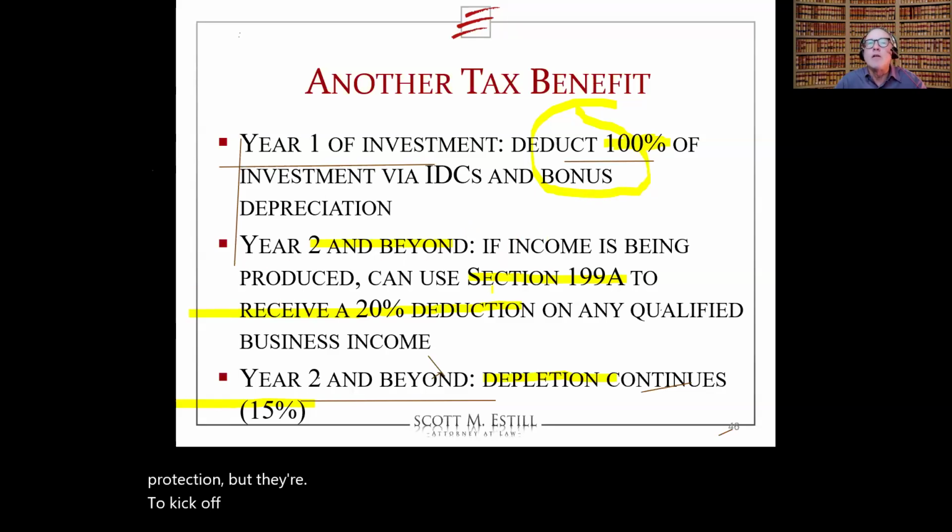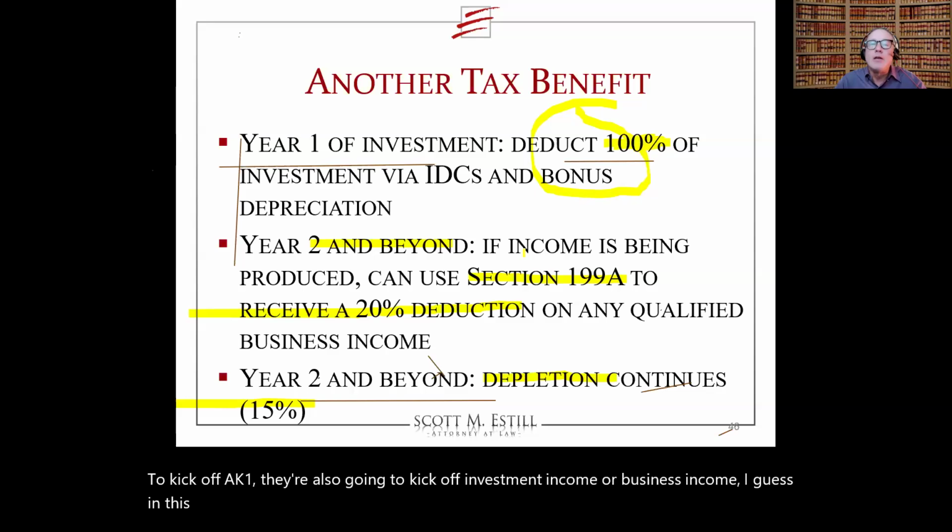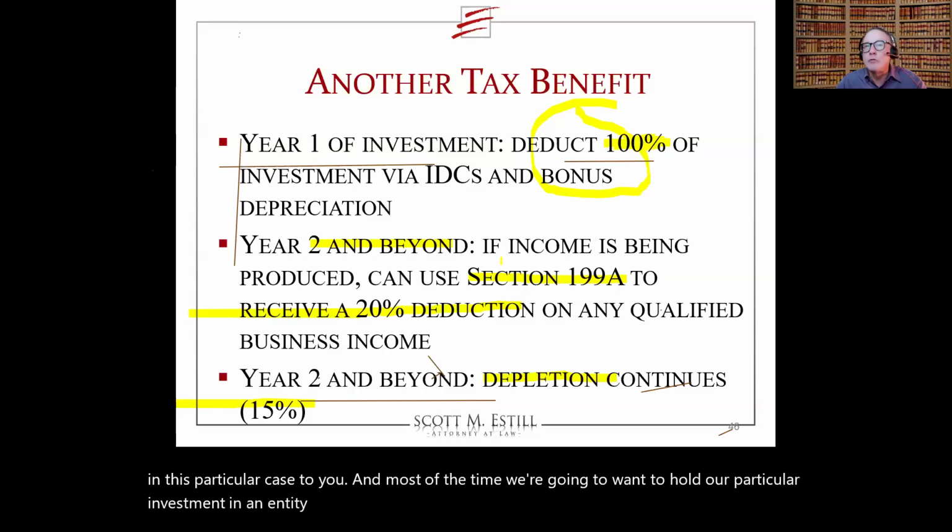They're also going to kick off investment income, or business income I guess in this particular case, to you. And most of the time, we're going to want to hold our investment in an entity. Typically, that's going to be a flow-through entity.